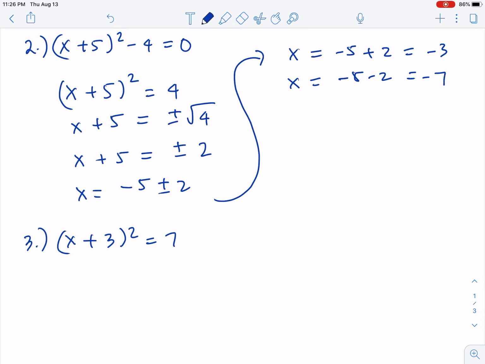So, the solutions, no? Solutions are x = -3 and x = -7.